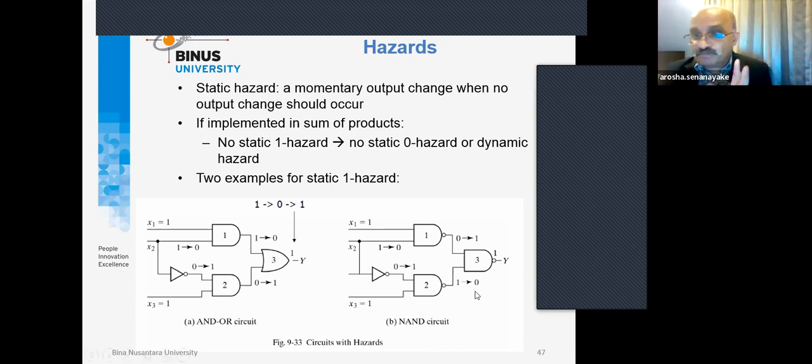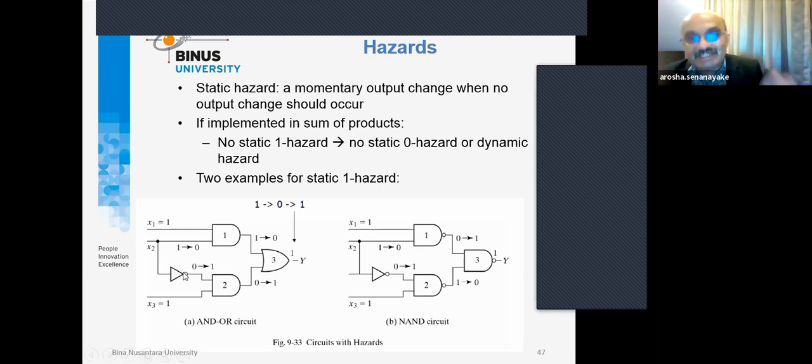Of course, you can use a NAND circuit as well, and then see whether that static 1 hazard is produced or not. You know that a NAND gate is completely constructed, so it is built-in, available, not like a NOT gate. So this NOT gate would also be replaced by a NAND gate. Static 1 hazard is because of that reason.